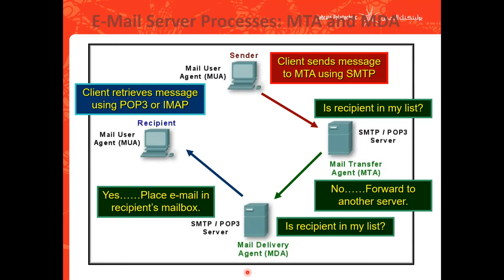POP is the short form for post office protocol. What happens in post office protocol is that once the server receives the email, it will store it on the server. But the minute the recipient wants to access the email, it will be transferred to the recipient, and it will be removed from the server.